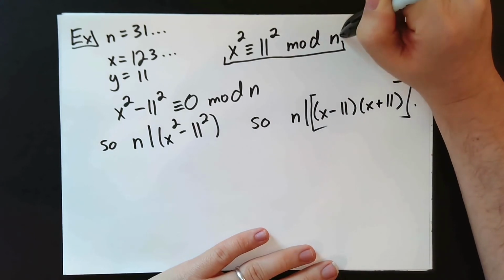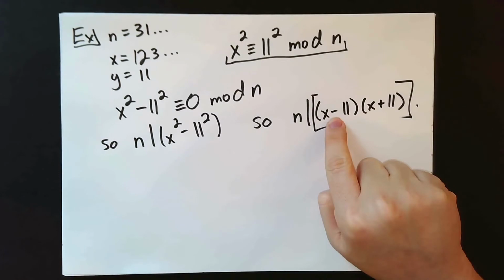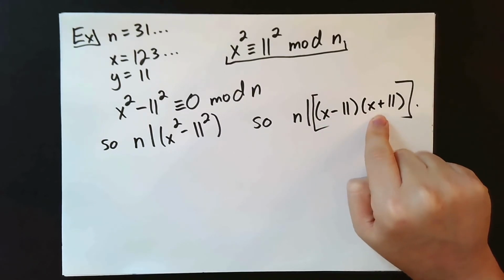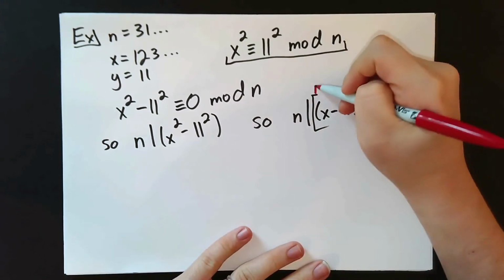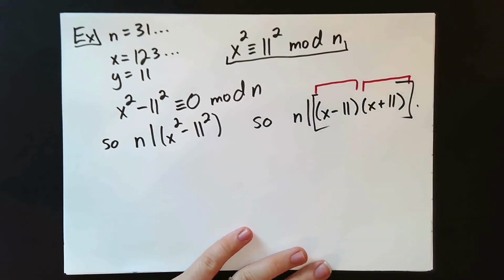Now, what this means is that every factor of n is either a factor of x minus 11 or a factor of x plus 11. And so we can use our friend the GCD to break up the factors that are in common with x minus 11 and the factors that are in common with x plus 11.